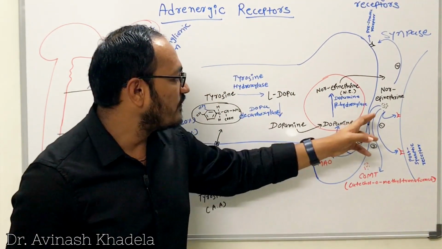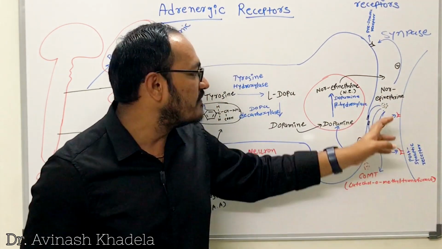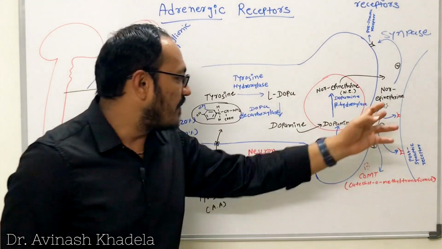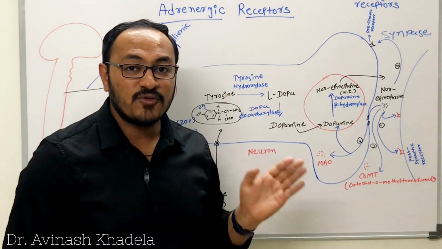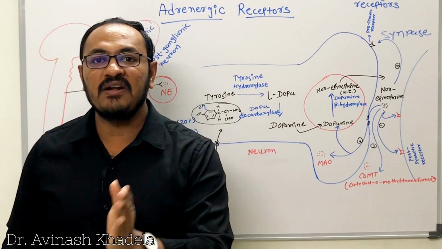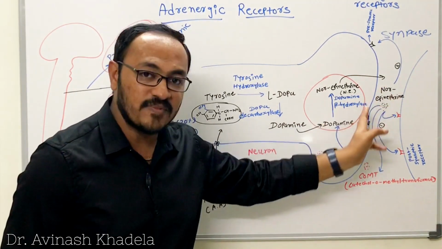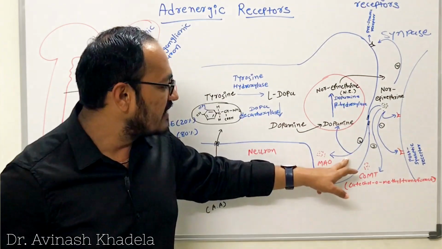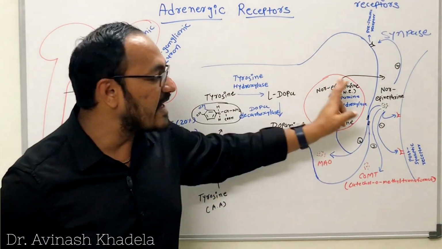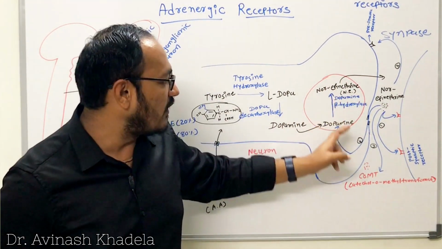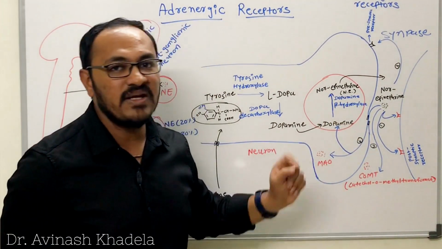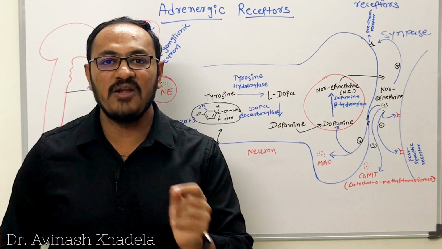Now the fourth mechanism is that norepinephrine will come back into the neuron via the sodium chloride norepinephrine transporter mechanism. Here some of the norepinephrine will be recycled and transported back to the vesicle, and some will be metabolized by monoamine oxidase.